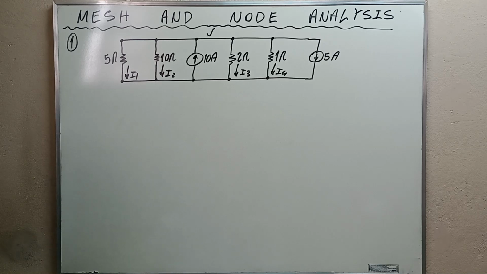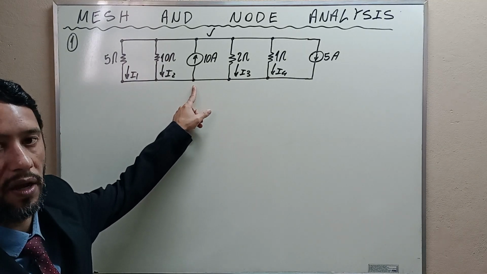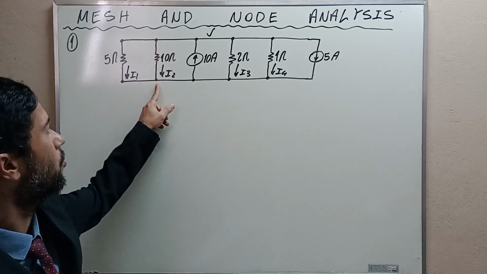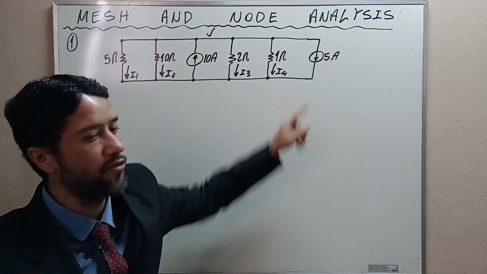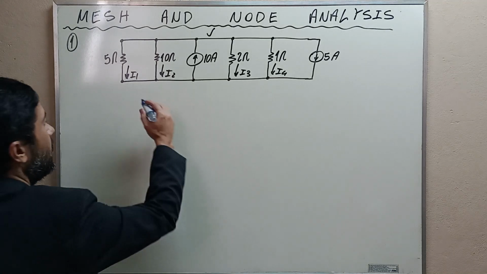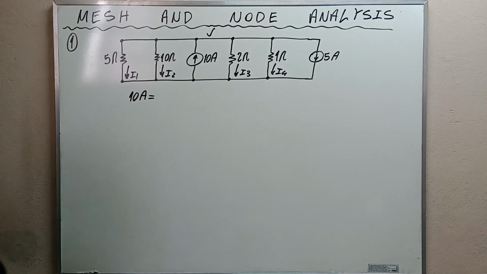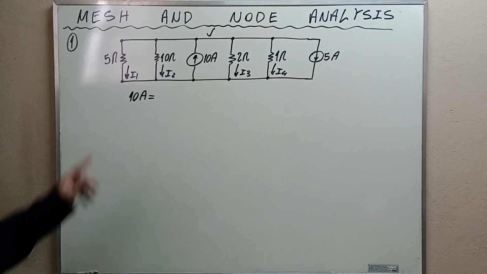Observe that the sum of the currents that enter the node has to be equal to the sum of the currents that leave the node. Alright? And what is the current that is entering the node? It is 10 amps. And what are the currents that leave the node?